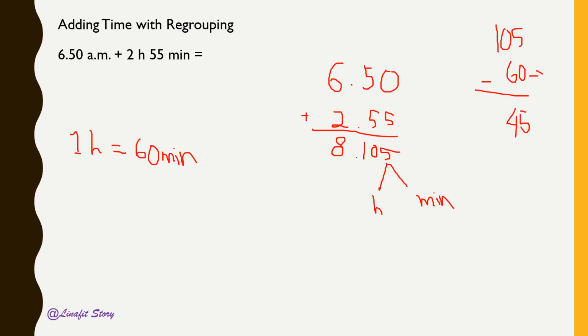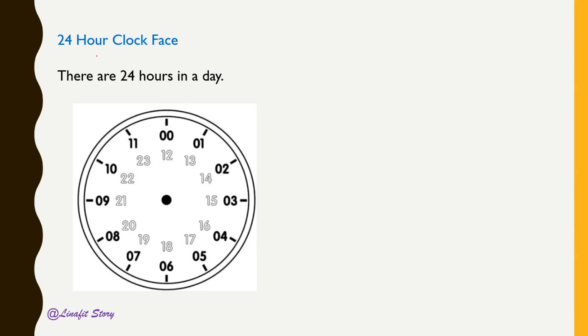Remember, 60 minutes means 1 hour. So the answer will be 8 plus 1 is 9, so 9:45 a.m. This is a 24-hour clock face, and remember that there are 24 hours in a day.